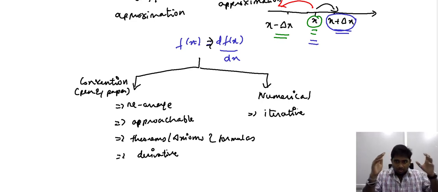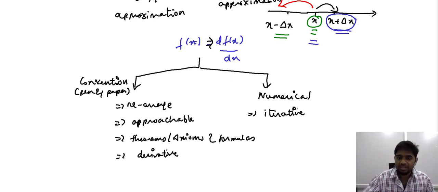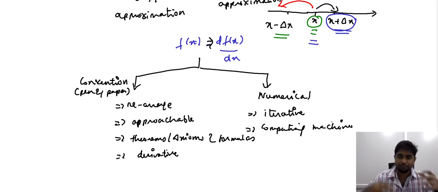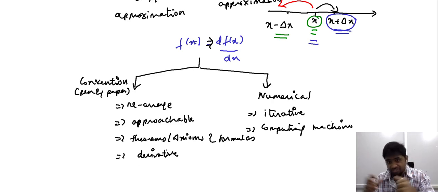Generally, in order to perform a calculation iteratively and regularly, we use a computing machine, which we refer to as a computer, of course. Since these computing machines are involved, these approaches are called computational approaches.